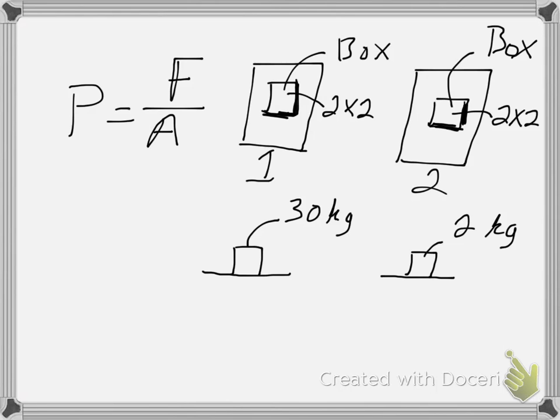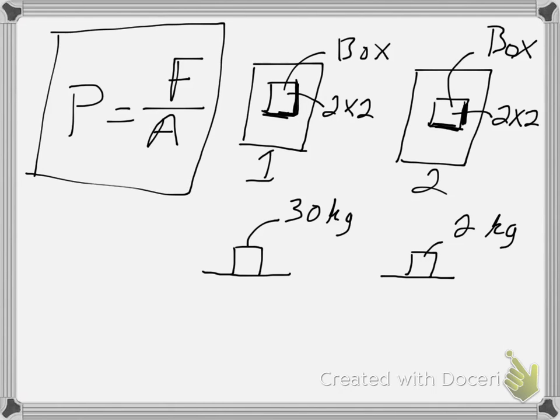Using this formula, pressure equals force per unit area, or force over area, what force is this 30 kilogram box going to be exerting on this piece of paper? Well, it's going to be exerting its weight downward, as this box will also be exerting its weight downward. And remember that weight is equal to mass times gravity.